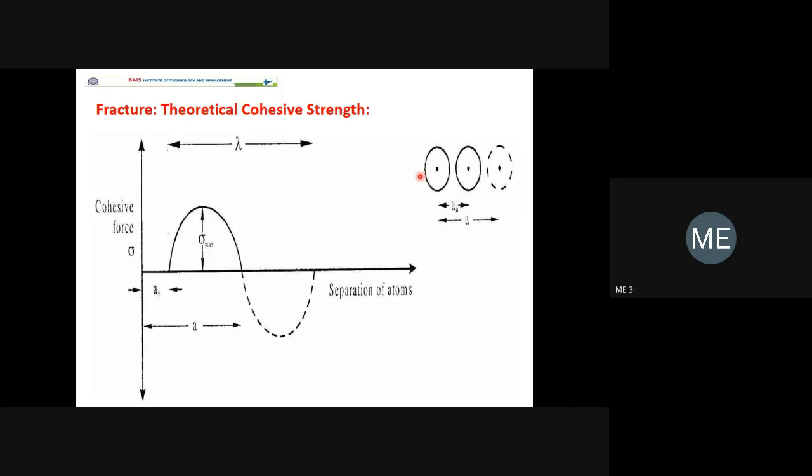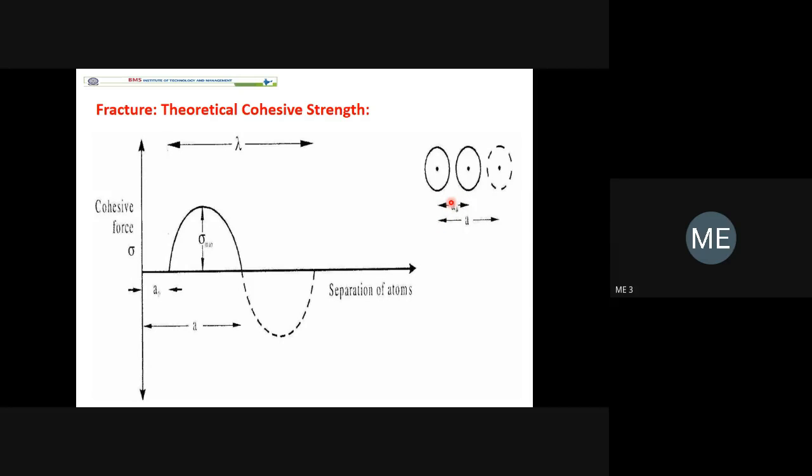So now you are concentrating only on two atoms, the two adjacent atoms. Initially there is an equilibrium distance. These are the two atoms initially at an equilibrium distance of A naught. When it is pulled through some external force, the atomic distance is increased to A. So A naught is the initial equilibrium distance.